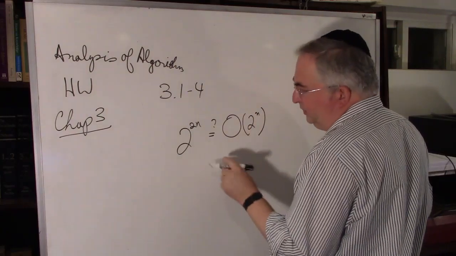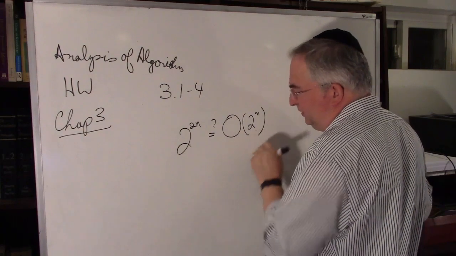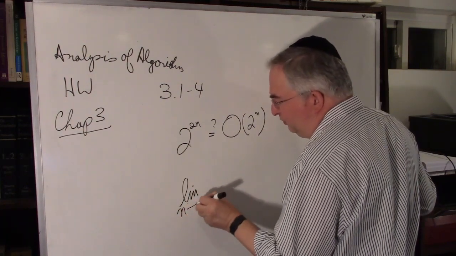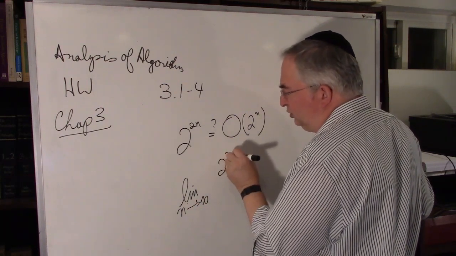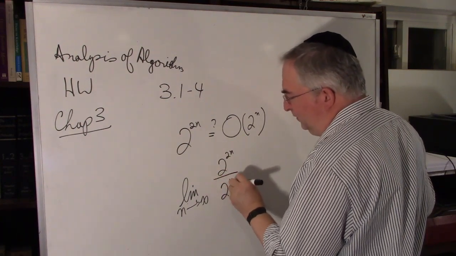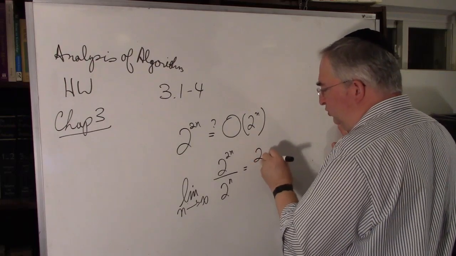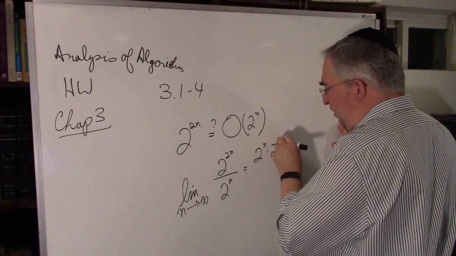What this is, 2 times n, and this is n, so we'll do it again in terms of limits. Limit as n goes to infinity of 2 to the 2n divided by 2 to the n. This is equal to 2 to the n times 2 to the n.